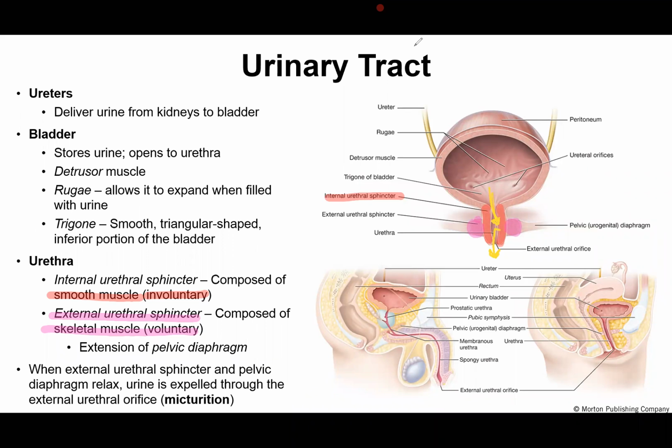Okay, so basically the visible opening on the external portion of the body. And this process of expelling urine is actually called micturition. So micturition is just the fancy way of saying peeing.